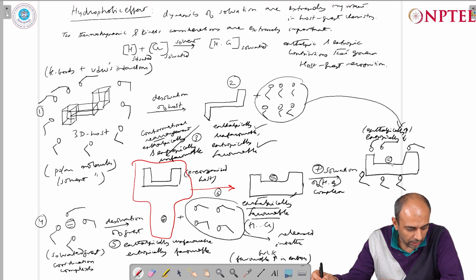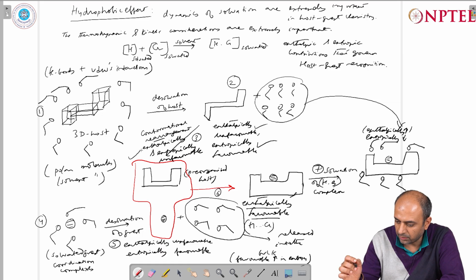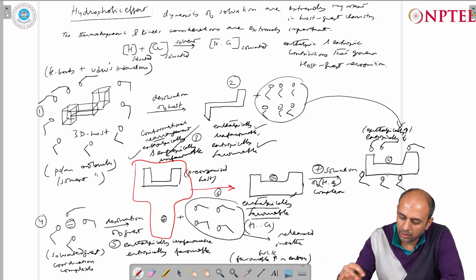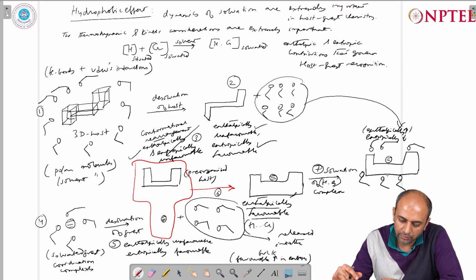So overall, the host-guest complexation dynamics are such that you have desolvation processes, a conformational change which is very important, and then the host-guest complexation followed by solvation of the complex to form the final state. All these processes operate, and that is the reason why solvation is a very important effect.